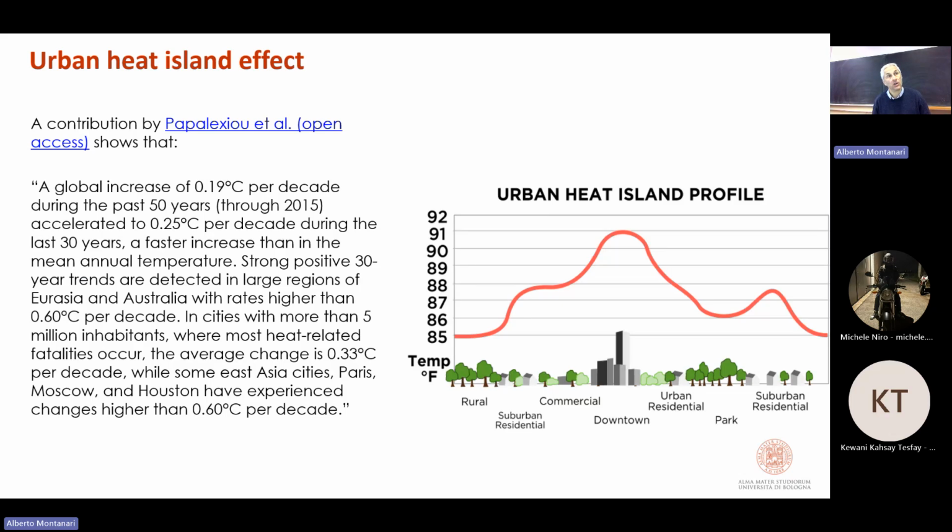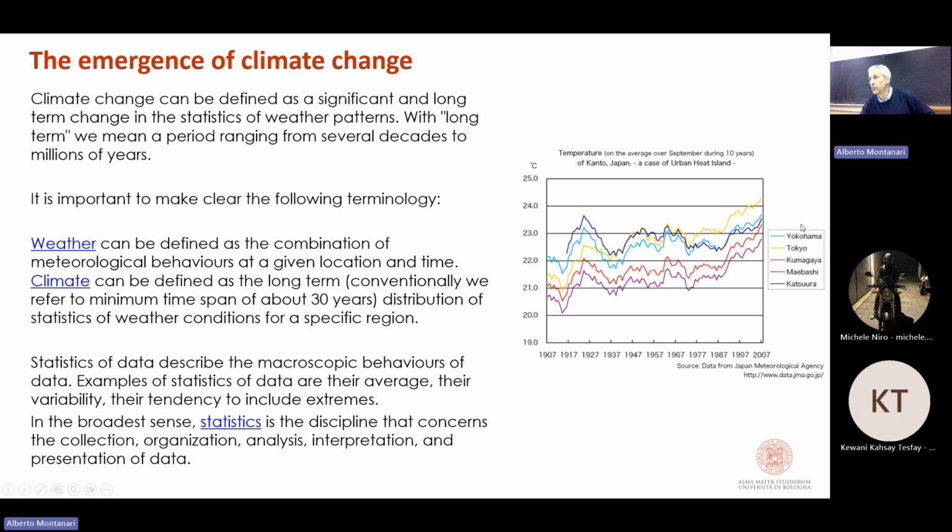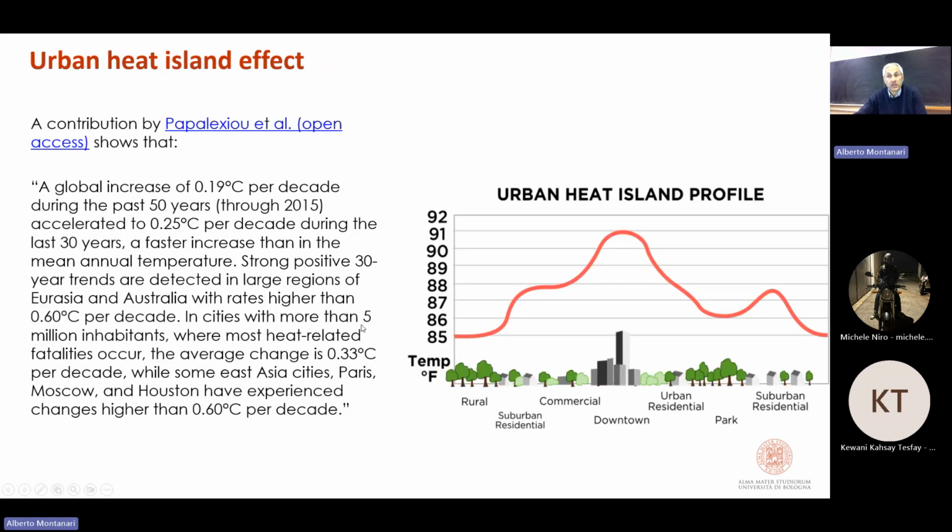It means 0.6 degrees every 10 years, which means that it's more than 2 degrees in cities, with some of the cities reaching, if you go back to the previous one, if you look at the yellow city, which is Tokyo, from 21.5 to 24.5, more or less. So 3 degrees. And it was very simple.